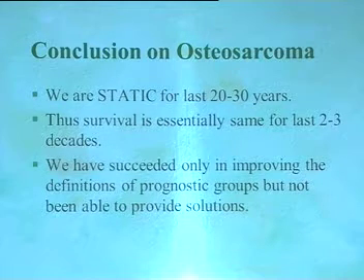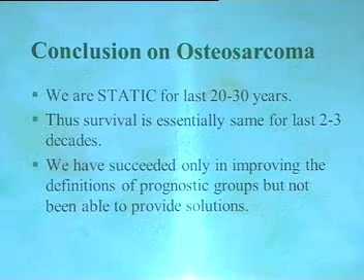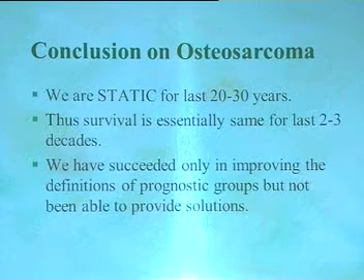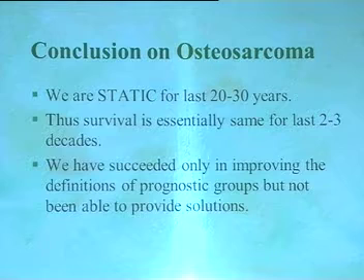For osteosarcoma, the conclusions are, unfortunately, for the last 3 decades, there is no increase in survival. Despite multiple drugs, despite multiple trials, despite multiple combinations, we are still where we were. So it is a disease which is static in terms of outcome.